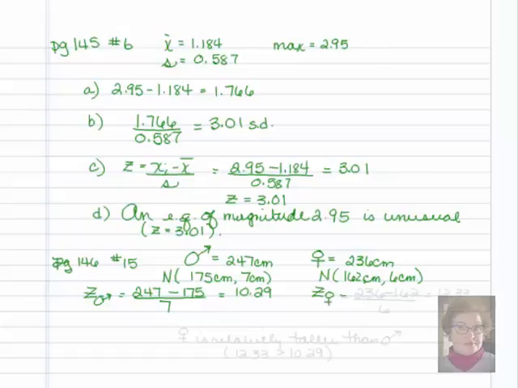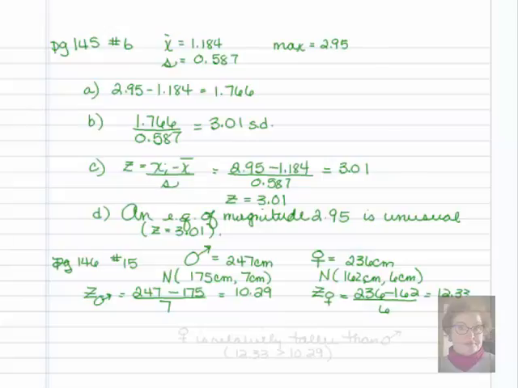Now let's look at her z-score, and that's going to be her height minus the mean divided by the standard deviation, and that's going to come out to be 12.33.